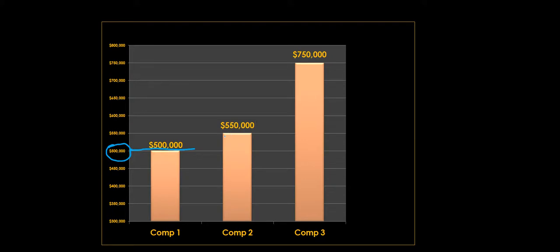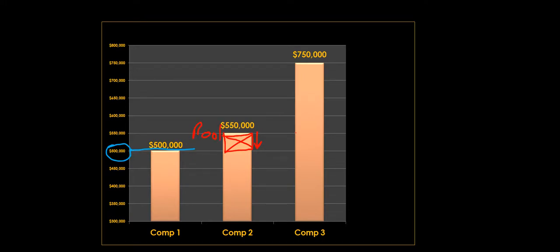If you remember, Comp 2 had a swimming pool, and we valued that swimming pool at $50,000. The portion of this bar that is the swimming pool is this portion right here, and we need to get rid of the swimming pool, and we need to adjust it down to $500,000. This portion here is for the pool.